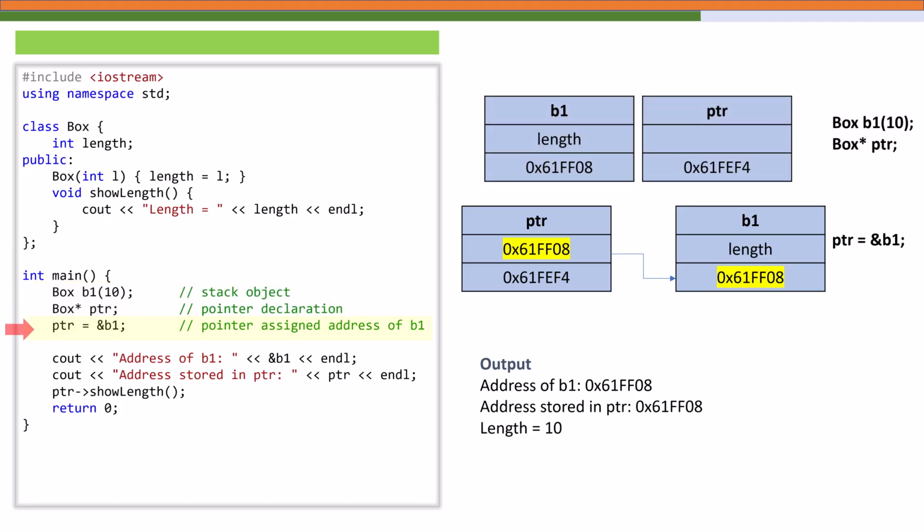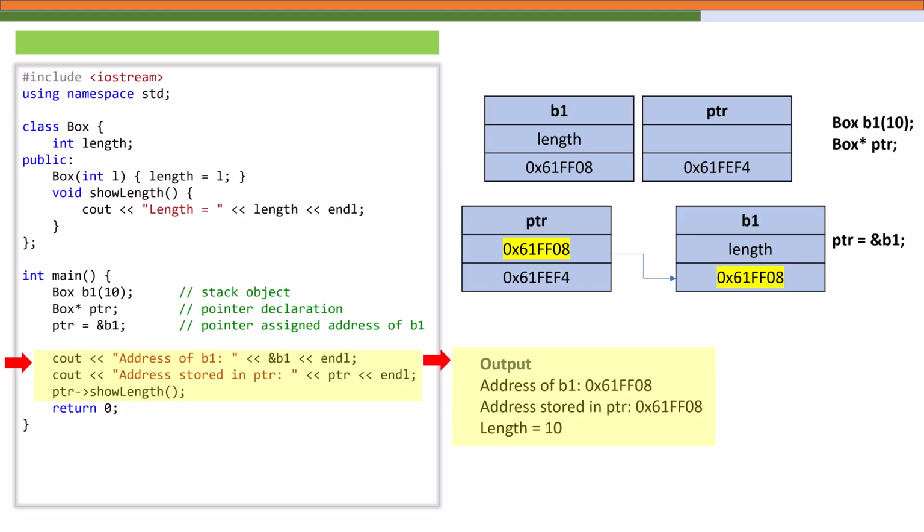Then we assign ptr = &b1. The ampersand operator on b1 gives us the address of object b1, which is the address ending with f08, and that gets stored inside ptr. So ptr now holds the value of the address ending with f08, which means it's pointing to the memory location where b1 resides.